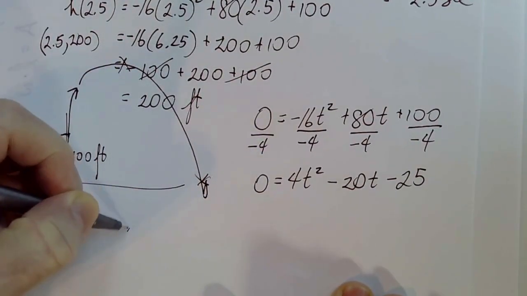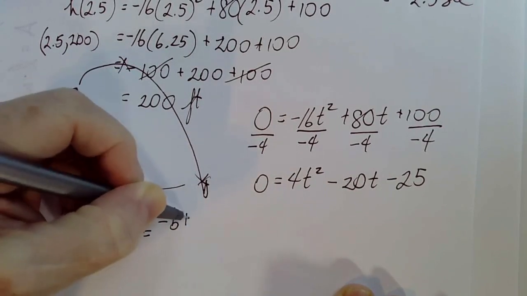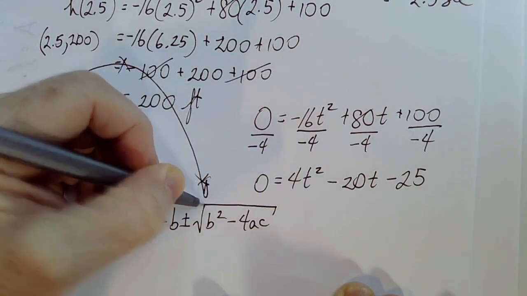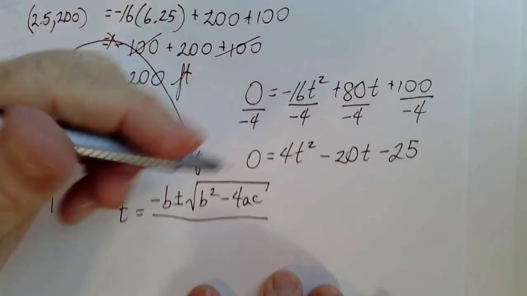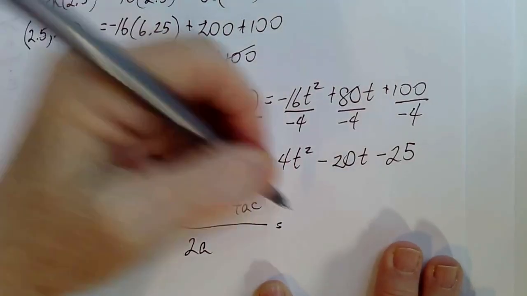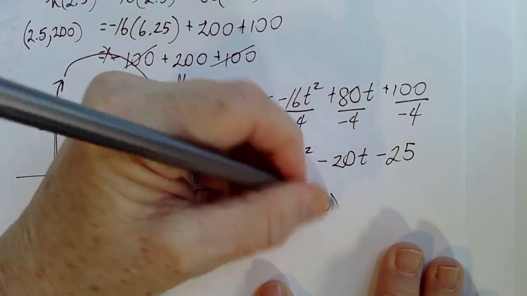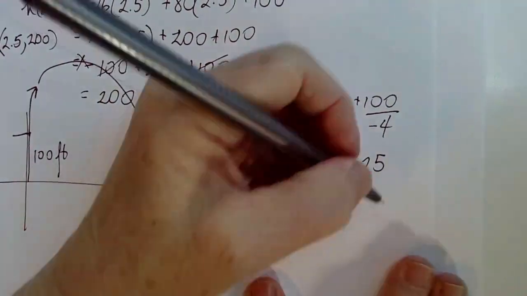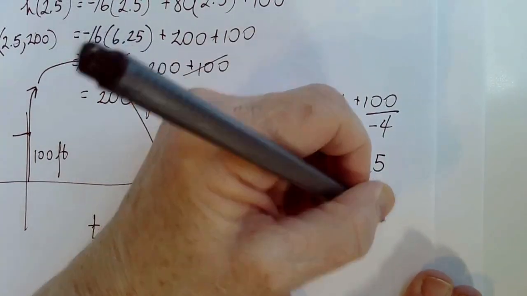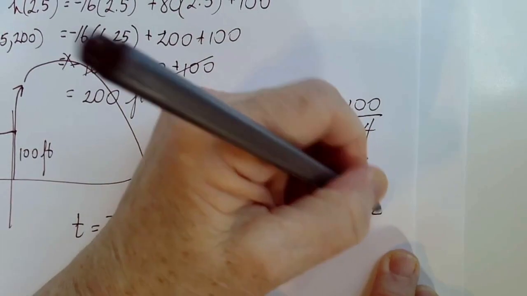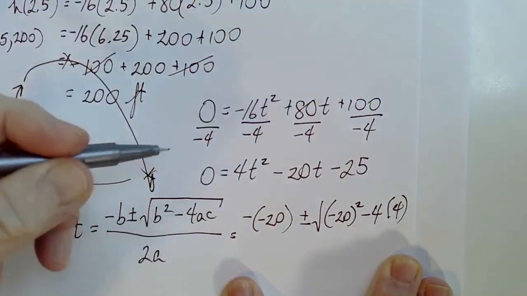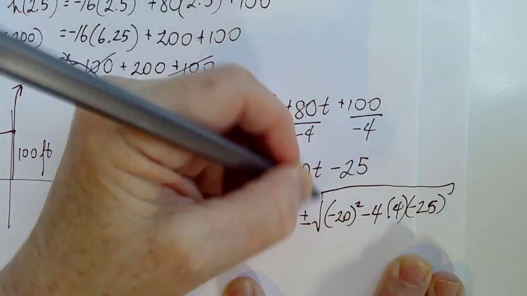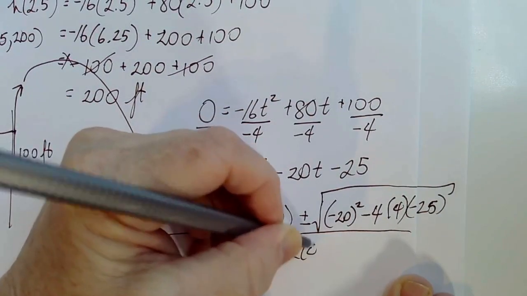So we have t is equal to negative b plus or minus the square root of b squared minus 4ac, all divided by 2a. So negative times negative 20, because b is negative 20, plus or minus the square root of negative 20 squared, minus 4 times 4 times negative 25, divided by 2 times 4, 2a.